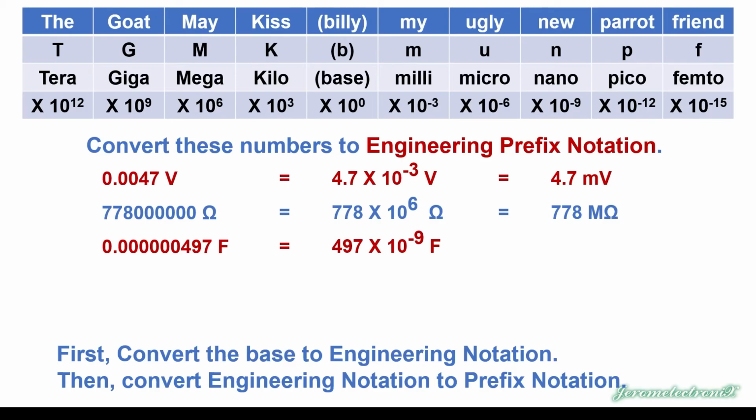So the answer is going to be 497 times 10 to the negative 9 farads, which, if you look on the chart above, the goat may kiss Billy, my ugly new parrot friend chart, you'll see that negative 9 is in the nano range. So the answer is 497 nanofarads. One more.